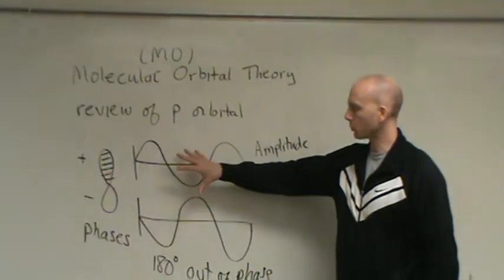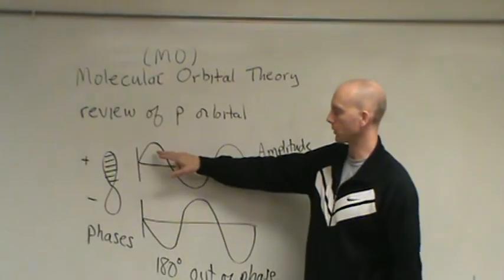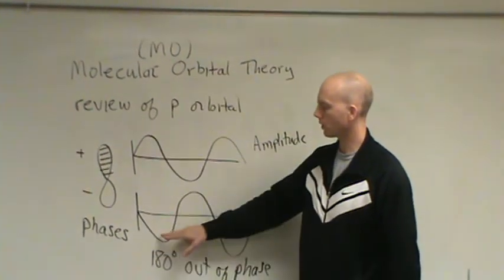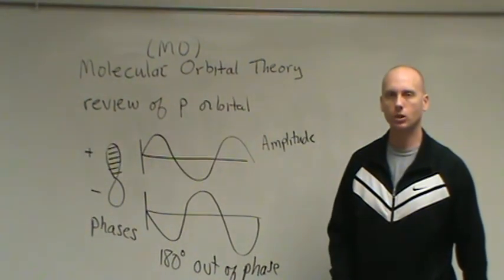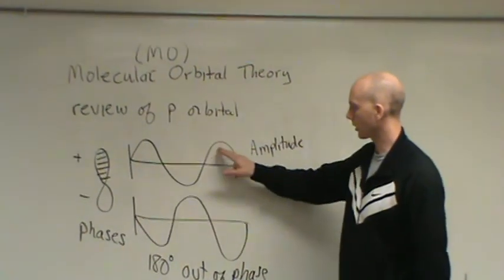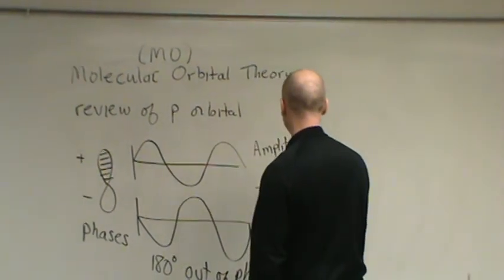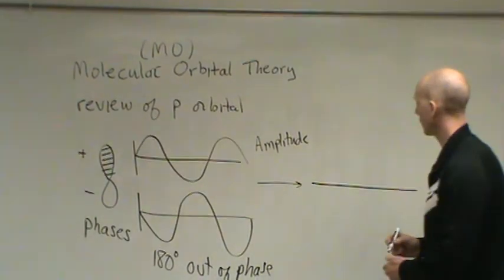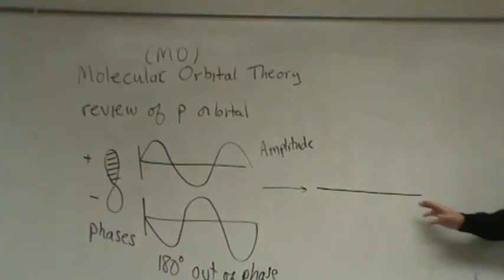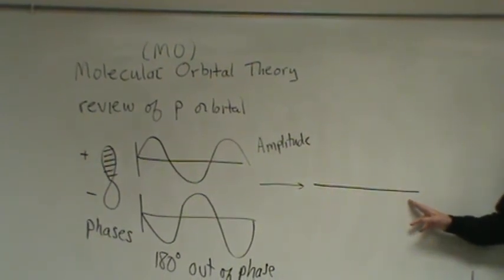Do you see what happens when the two waves collide with each other? This amplitude would cancel with that amplitude, and the same thing with these other ones. So what would be the result? We would get a wave that would look something like this when these two collided.